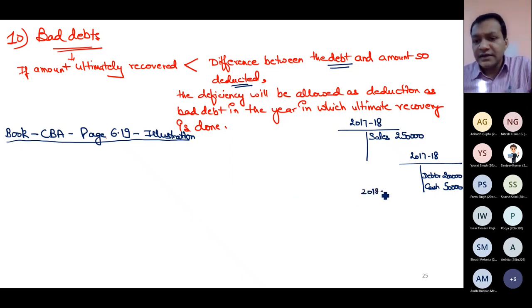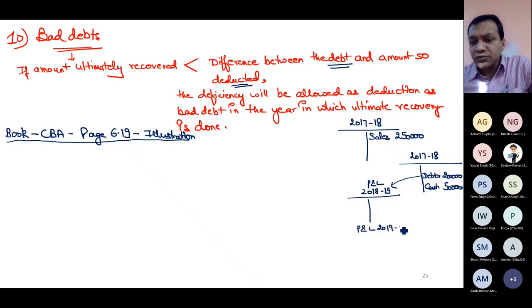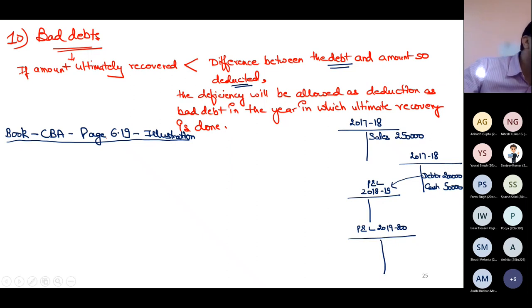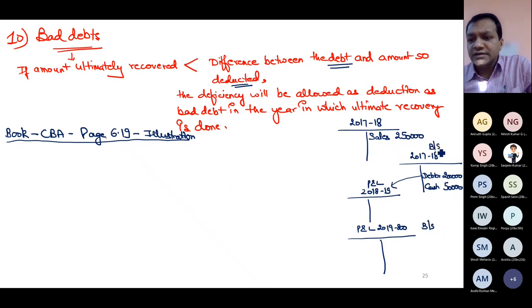So in the 1819 P&L account, nothing related to this transaction. Nothing related to this debtor happened. In the 1920 P&L account, what happened related to this debtor of 2 lakh? So in the 1920 balance sheet, what happened?